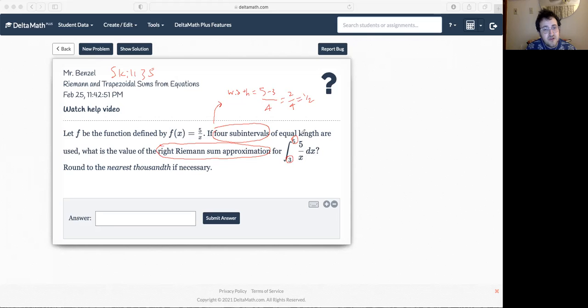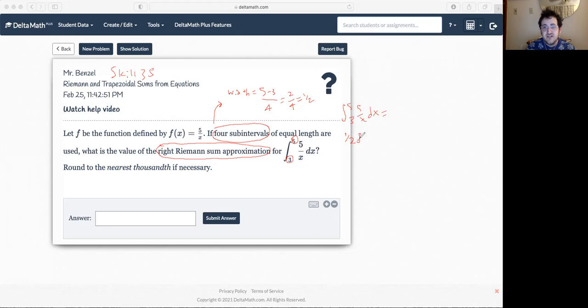And we want to find the right Riemann sum approximation for the integral. When we're working this out, I'm going to write this in integral notation. Our first rectangle is going to have a width of 1/2, and the height of it will be f of 5.